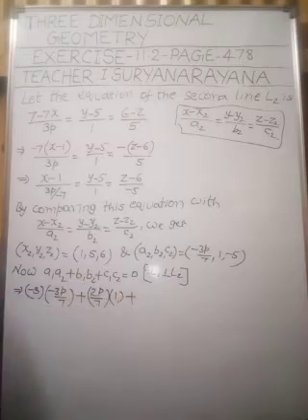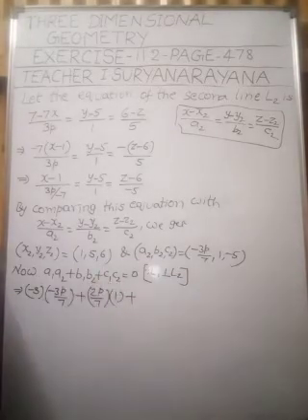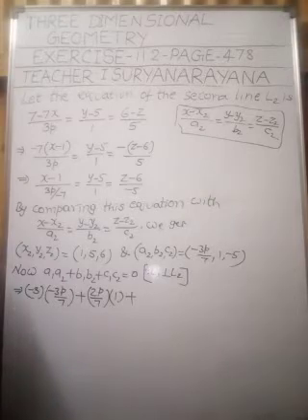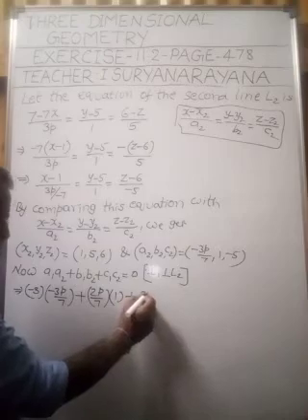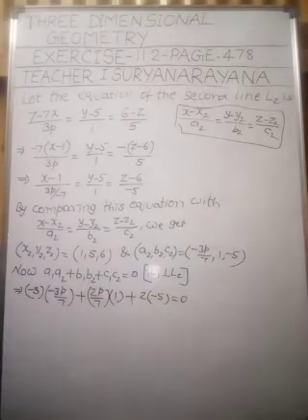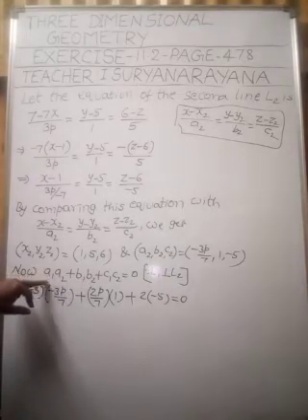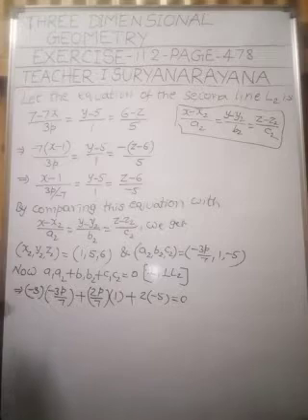Understood the second term? Plus the third term c1 c2. What is c1 here? 2 into minus 5, is equal to 0. Understood this step? In this equation, we substituted a1, b1, c1, a2, b2, c2.